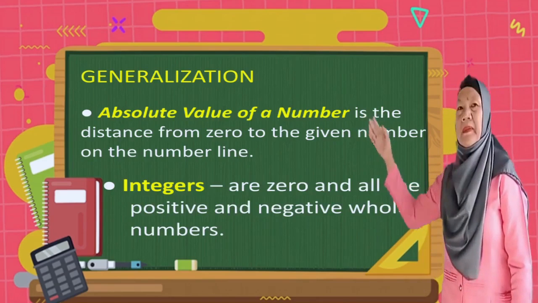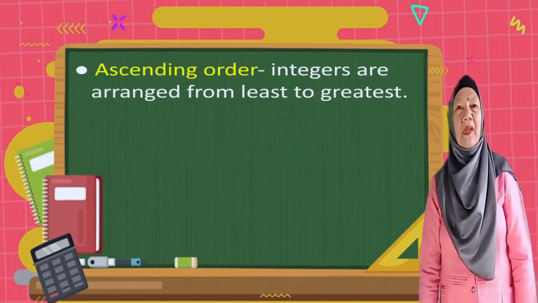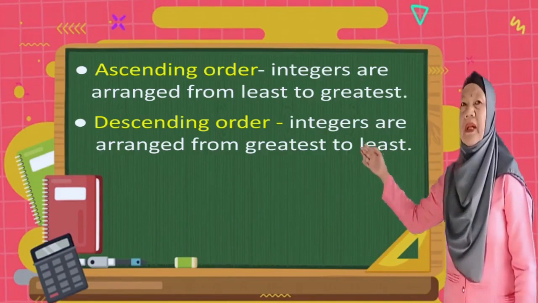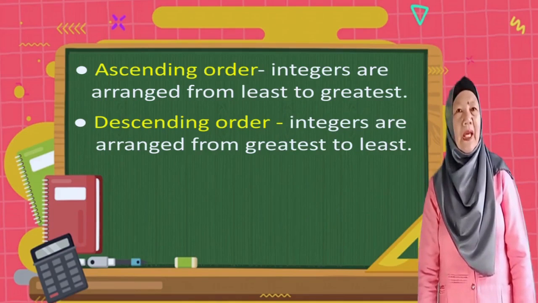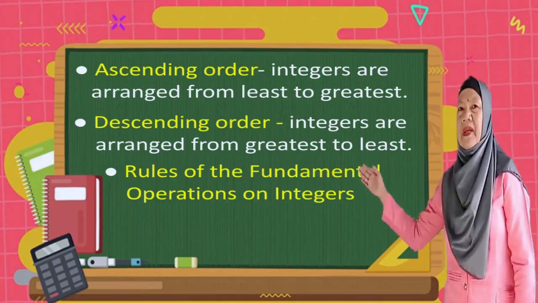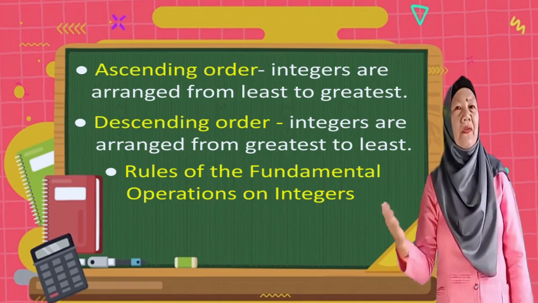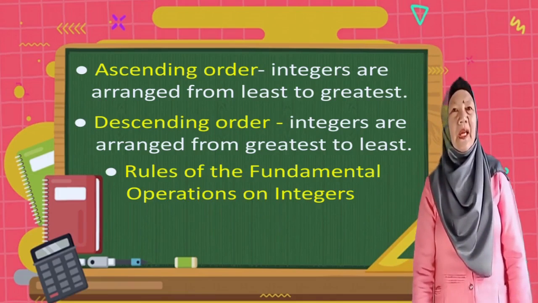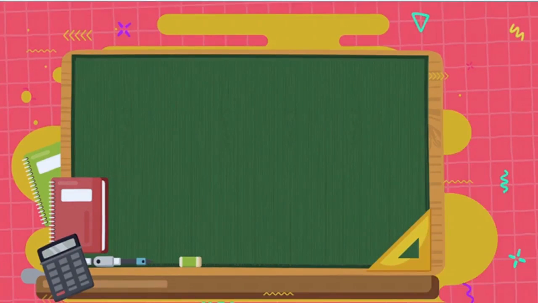In ascending order, integers are arranged from least to greatest, while in descending order, integers are arranged from greatest to least. And the rules of fundamental operations on integers. Since you have learned everything in this video, then please answer our assessment.